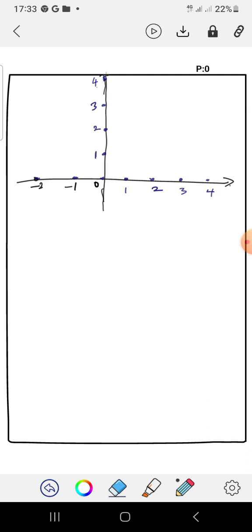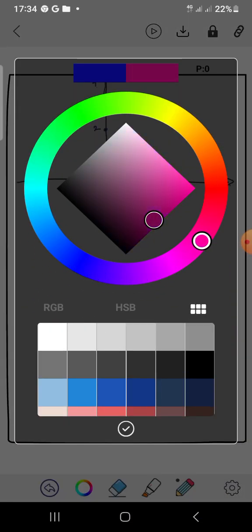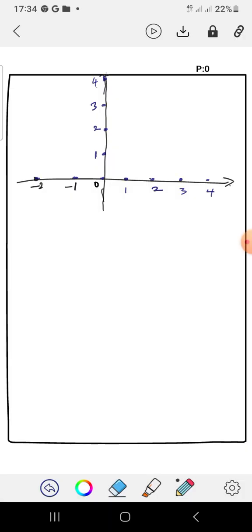Now I'm going to pick a red. We have picked a red now, and let's look at the first vector. Let's say it's omega equals -1, 2. This goes to the x-axis, this to the y-axis.